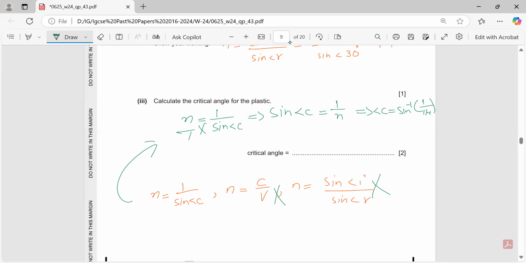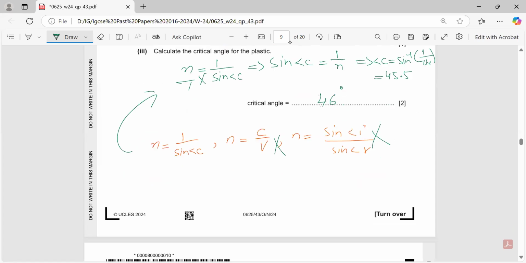Yes, my dear friend, please, what is the answer? Sine inverse 1 over 1.4. 45.5 or 45.6. Okay, my dear friend, yes, we can write it as 46 degrees. No worries.